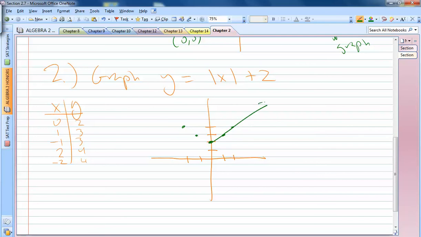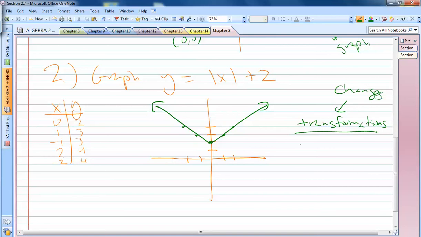So you see it still takes on the shape of a V, but it's pretty obvious that the graph shifted up by 2. So in this case, when we talk about transformations, think about what transform means. Transform means changes.